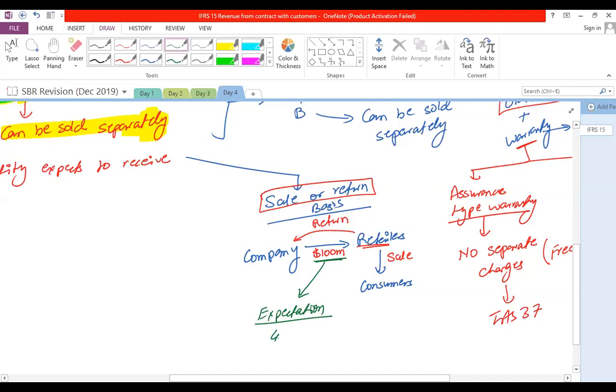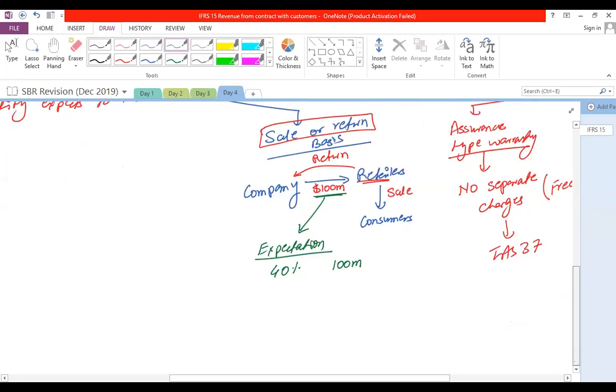Let's say 40% chances are that the entire 100 million cash will be received, 30% chances are that we will receive 70 million, 20% chances are that we will receive only $50 million, and 10% chances are that we are going to receive only $30 million of the cash.